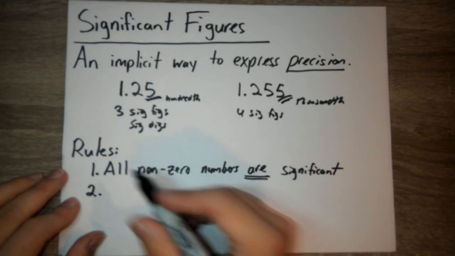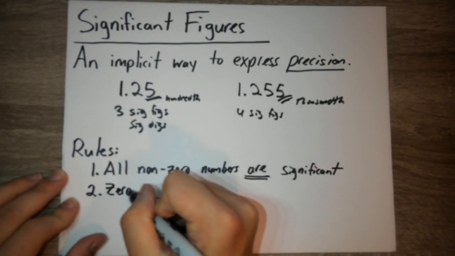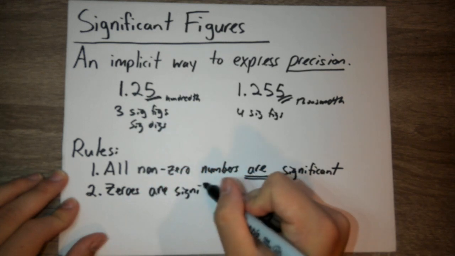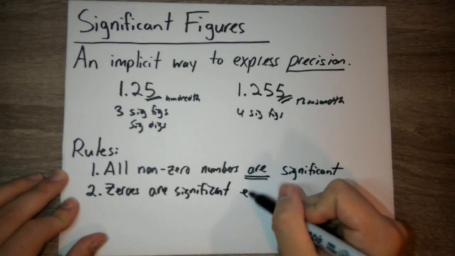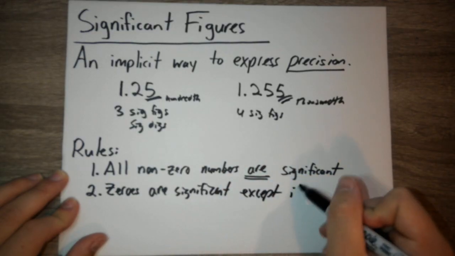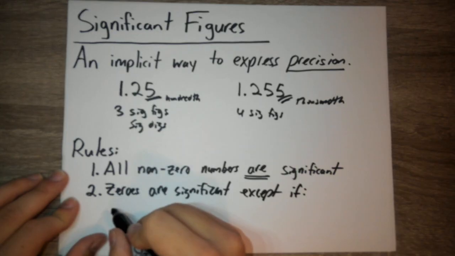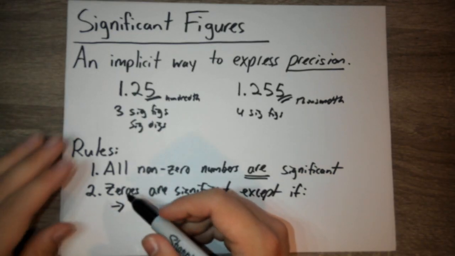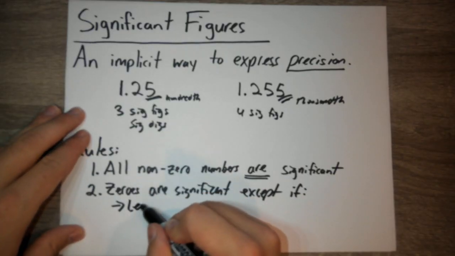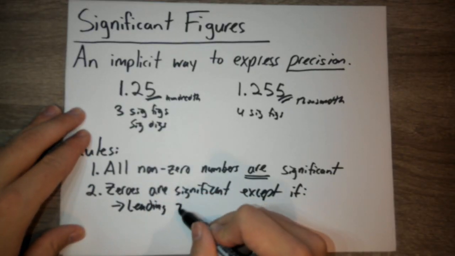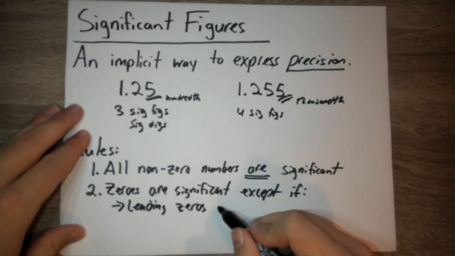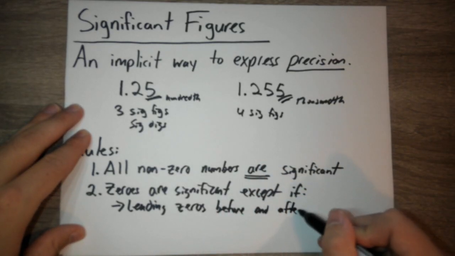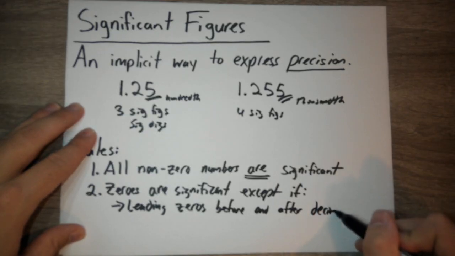So zeros are significant, except if, so there's a big except there, except if they are leading zeros before and after the decimal place.